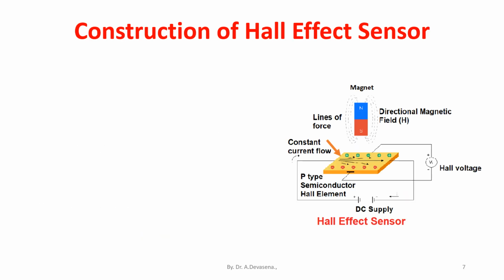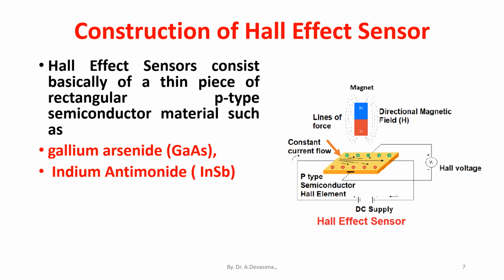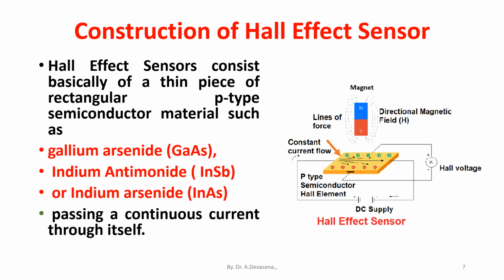Hall effect sensors consist basically of a thin piece of rectangular p-type semiconductor material such as gallium arsenide (GaAs), indium antimonide or indium arsenide, passing a continuous current through itself.